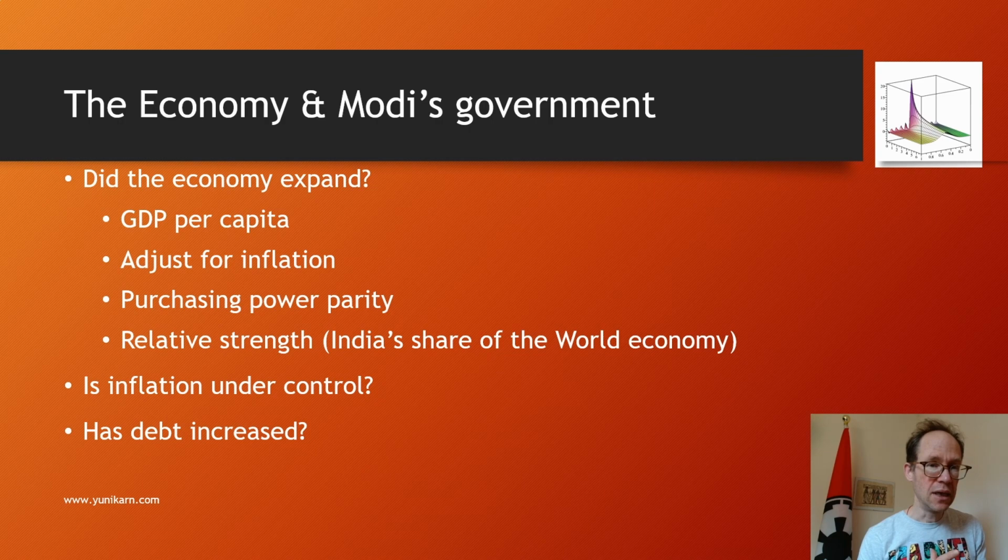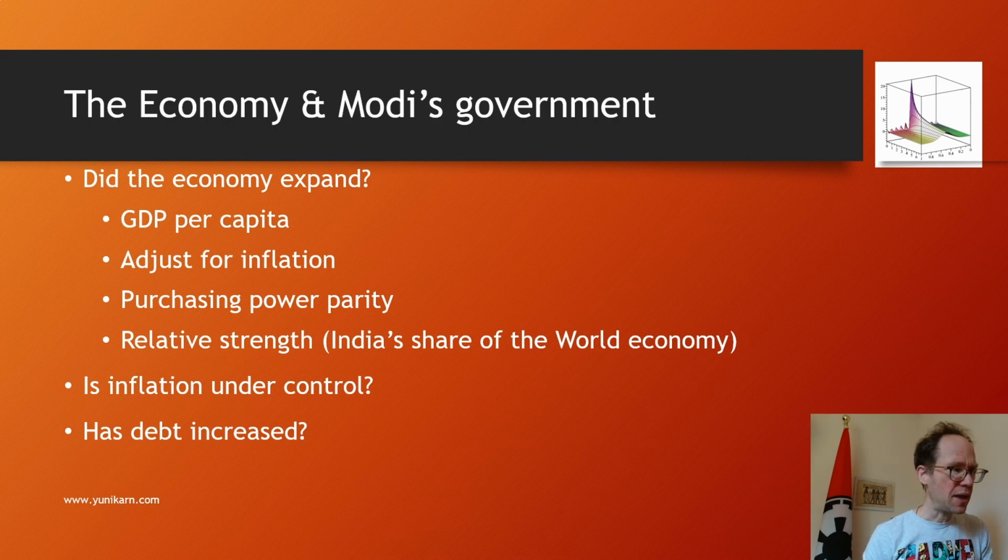So usually economic growth is a good predictor, but also inflation and unemployment. Unemployment is a bit tricky to measure in the Indian context because there's lots of informal labor. So it's quite difficult to really establish exactly how unemployment figures have changed.